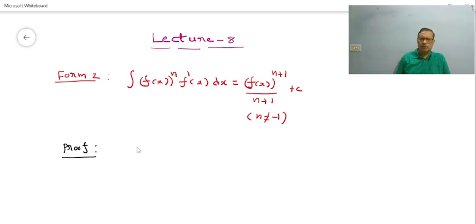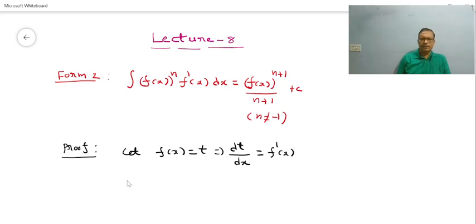I suppose f(x) is equal to t. Let us suppose f(x) is equal to t. Now differentiating with respect to x, what will we get? dt/dx is equal to f'(x).